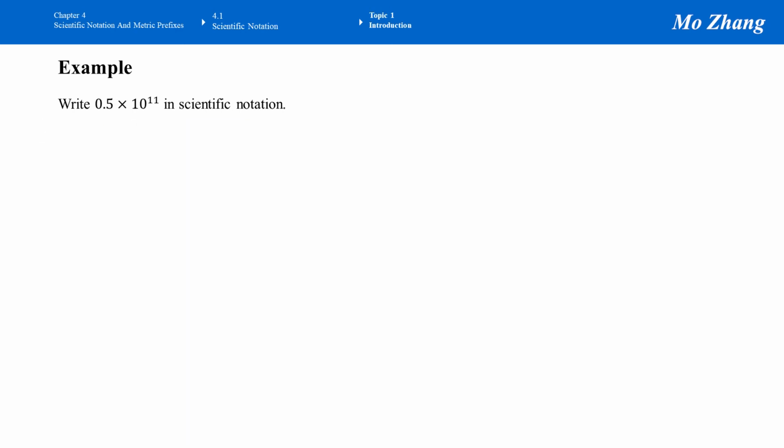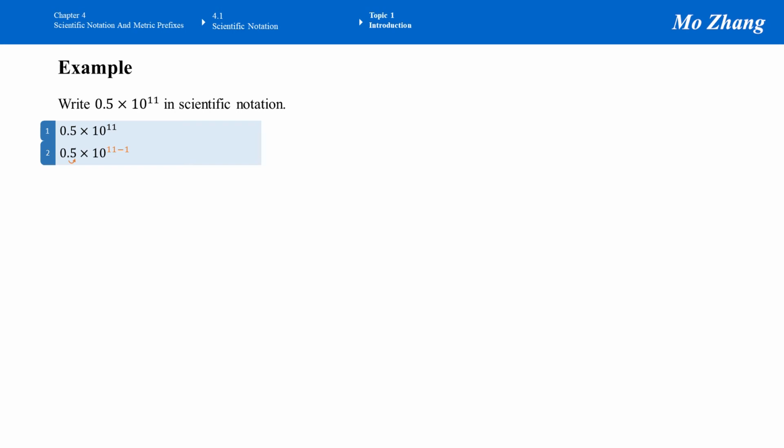Let's have another example here. Write 0.5 times 10 to the power 11 in scientific notation. As you can see, this number is not in scientific notation because 0.5 is less than 1. To make the number part valid, we need to move the decimal point to the right 1 unit, which means multiply it by 10.